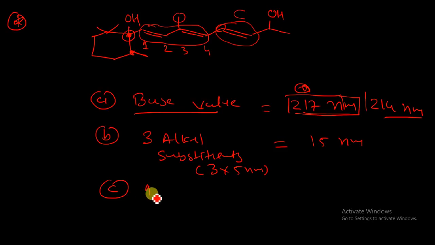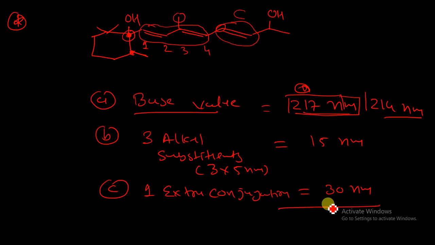So here I have one extra conjugation, so you add 30 nanometer. The lambda maximum will be 30 plus 15, 45, plus 214, so there will be 259 nanometer. This is our answer.